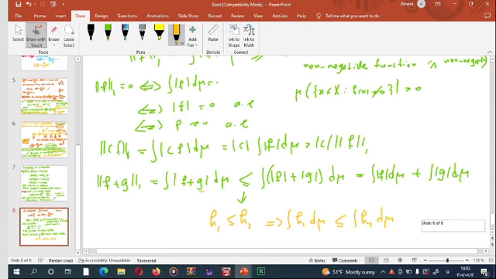This is our h1 for example, and this is h2. By triangle inequality, because this is less than this function, we have this inequality, and this is equal to this by theorem. Okay, you can find the number of this theorem in your book.